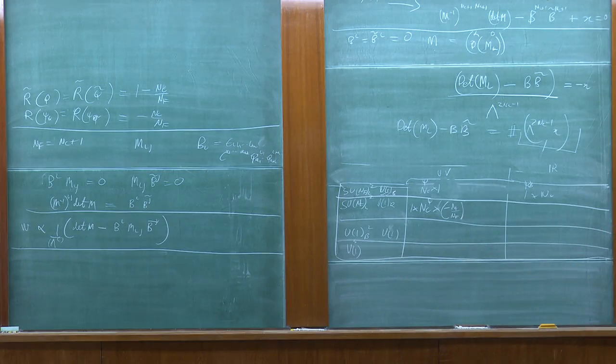M carries the R charge of twice minus NC by NF. And B carries R charge minus NC squared by NF, because B is a product of NC Q's. Okay, we have to be, no, sorry, I got that wrong. We should multiply for the scalars and then subtract, add. Let me work out the R charges.